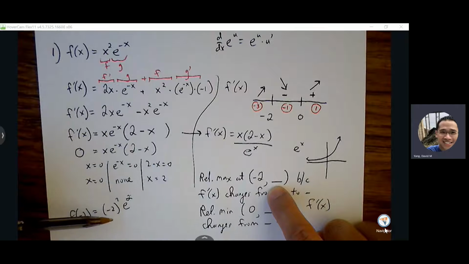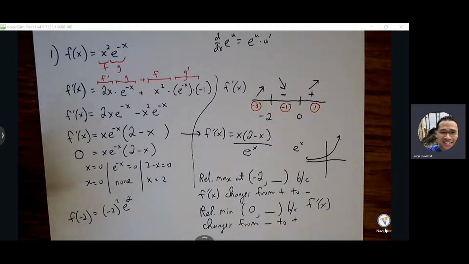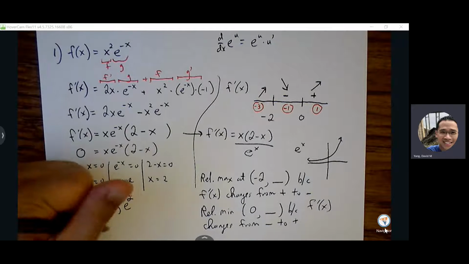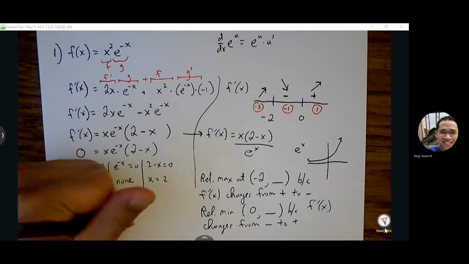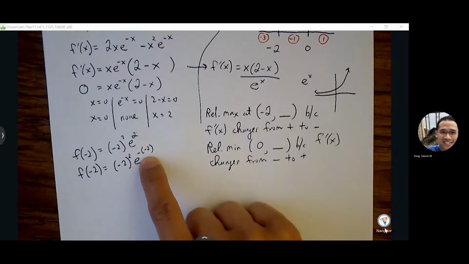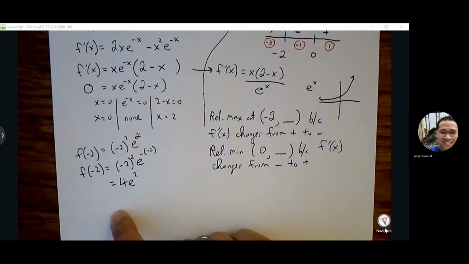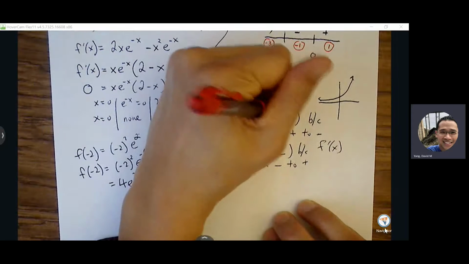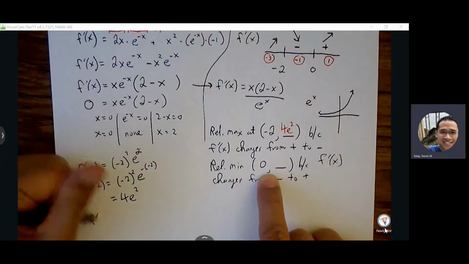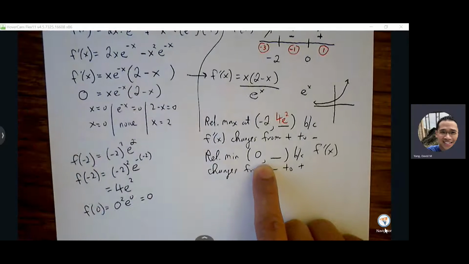So f of -2 means I'm going to insert -2 into the x. So it's +2, right? So this is really 4e squared. Yeah, so there's my y value. For the relative min, 0 into the original function. Anything times 0 is just 0.